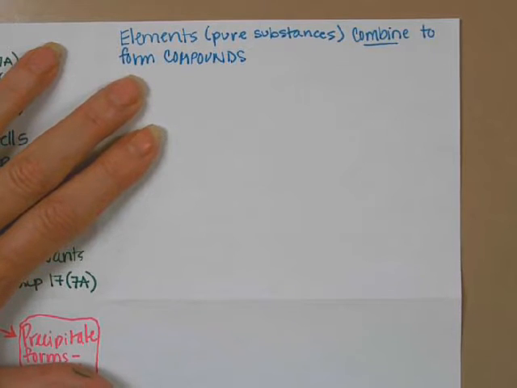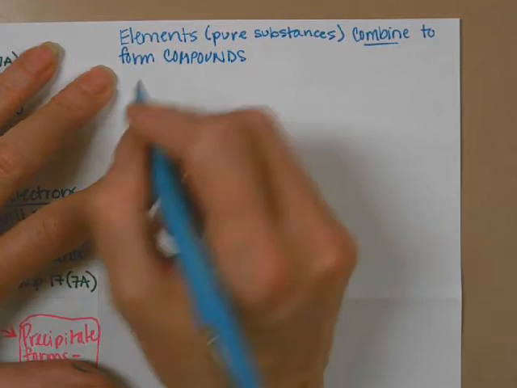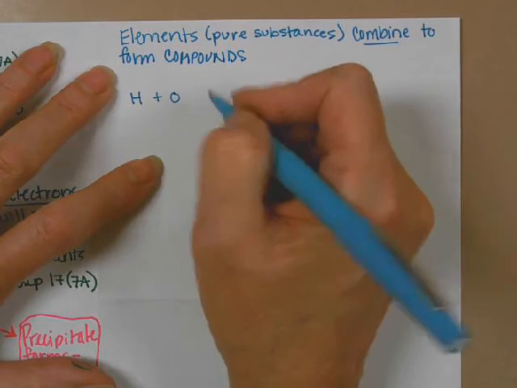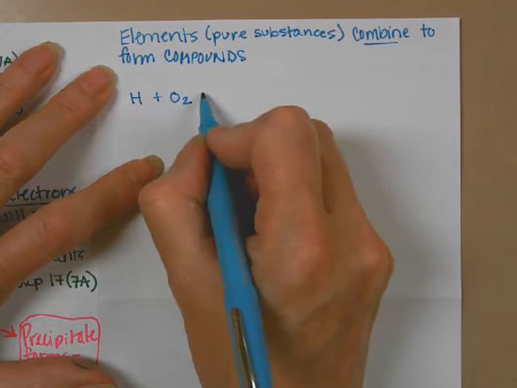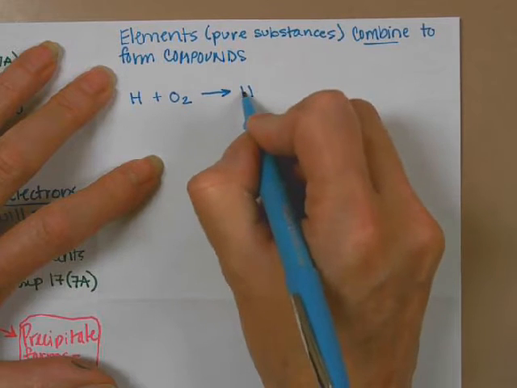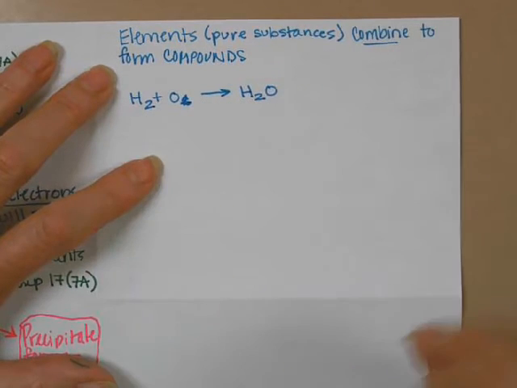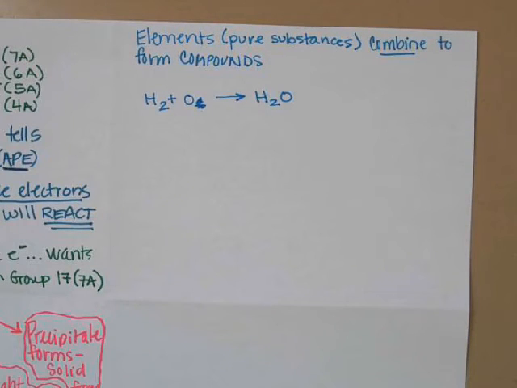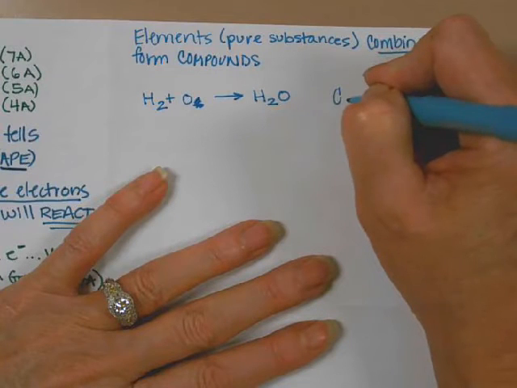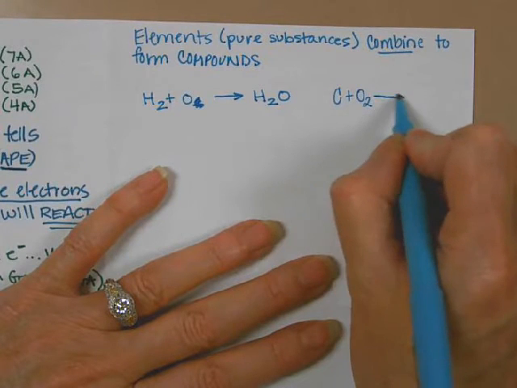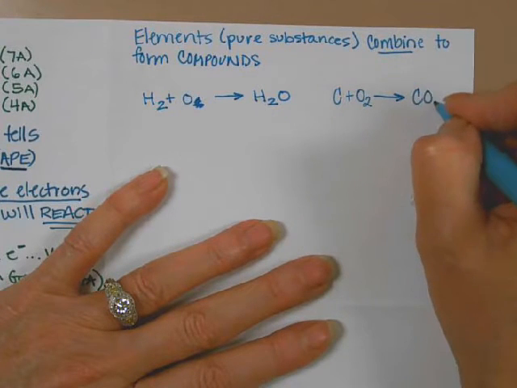But let's look at it. For example, hydrogen plus oxygen, and we'd need two hydrogens, are going to make water, right? H2O. That's an example of a compound or a molecule. You have carbon and oxygen. Here you need 2 oxygen to combine to make carbon dioxide.